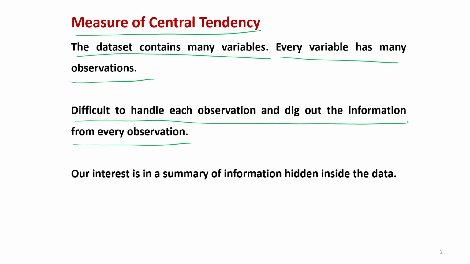So, one simple option is that we can be interested in getting the summary of information hidden inside the data. Right. Instead of getting the information from individual observations, we can get the data on the summarized observations, or that data can be in the form of consolidated information. So, how to get it done?